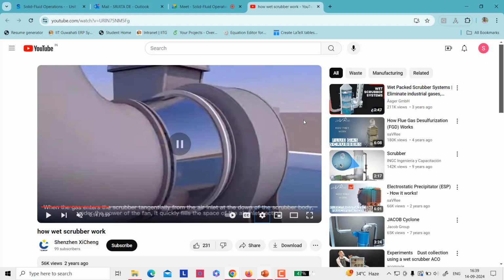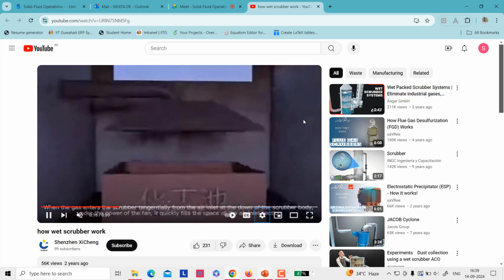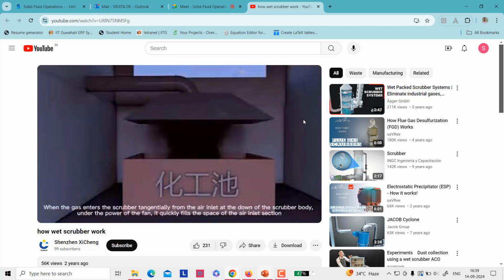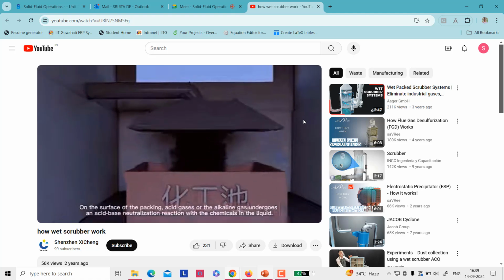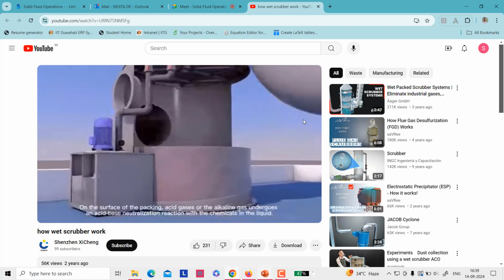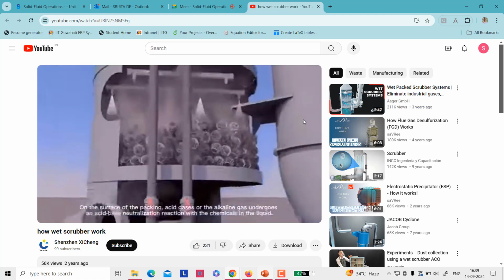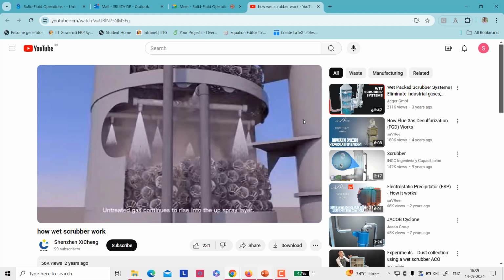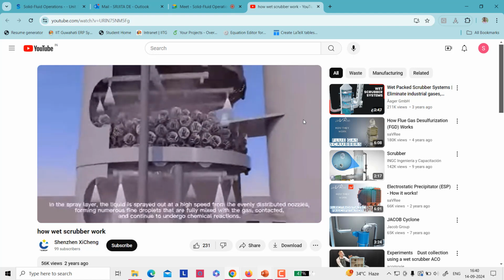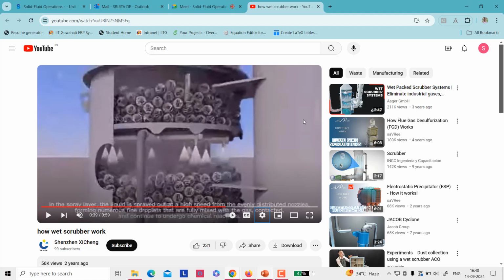When the gas enters the scrubber tangentially from the air inlet at the bottom of the scrubber body, with the power of the fan, it quickly fills the space of the inlet reaction. On the surface of the packing, acid gases or alkaline gas undergo an acid-base neutralization reaction with the chemicals in the liquid. Unreacted gas continues to rise into the upper layer. Here you are seeing in every stage there is some fluid distribution to make the system wet.